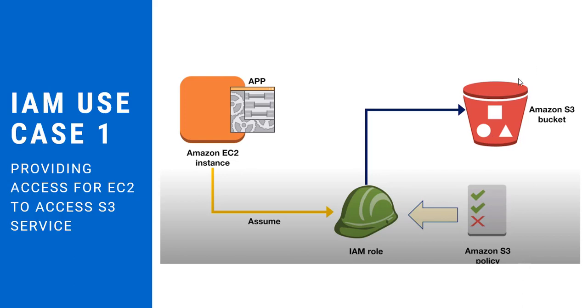Still, suppose I want to access this for read and write, right? So what I can do is create a role, and in that role I can assign a particular permission, so that if my EC2 wants to do some operations on S3 which are not mentioned in the user permissions initially, still I'll be able to wear that hat and start doing it. So the IAM role will assume that this EC2 will have access to S3.